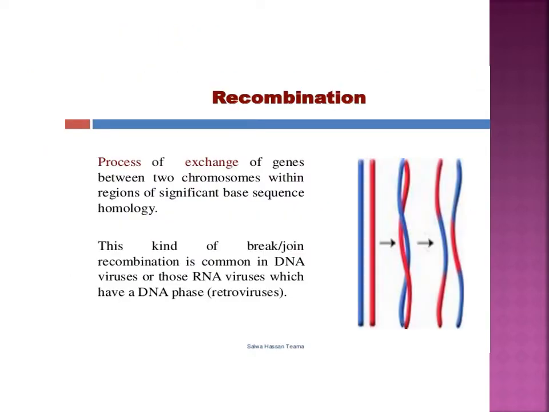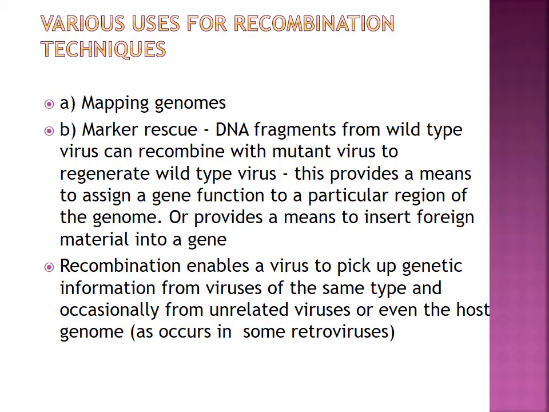Talking about recombination: it is a process of exchanging genes between two chromosomes within regions of significant base sequence homology. This kind of break and join recombination is common in DNA viruses, or those RNA viruses with a DNA phase. There are various uses for recombination techniques.